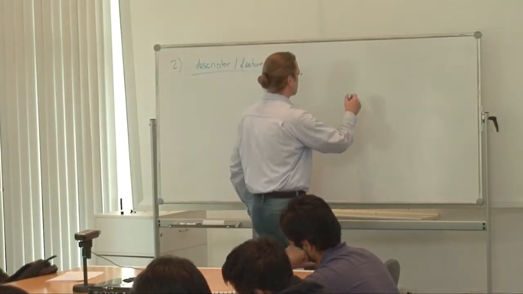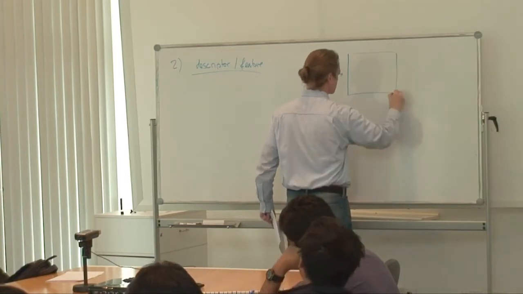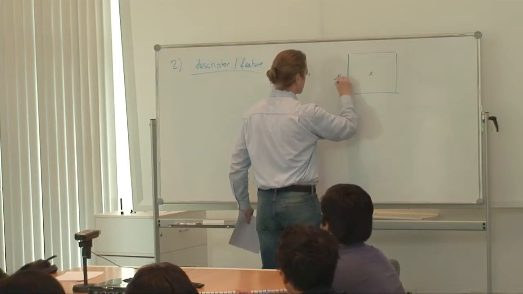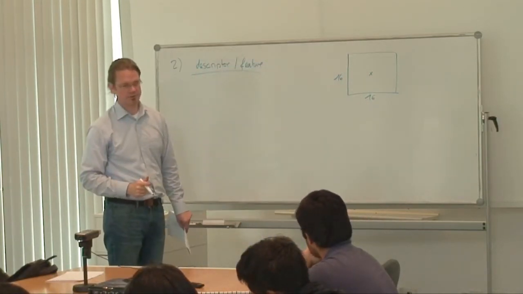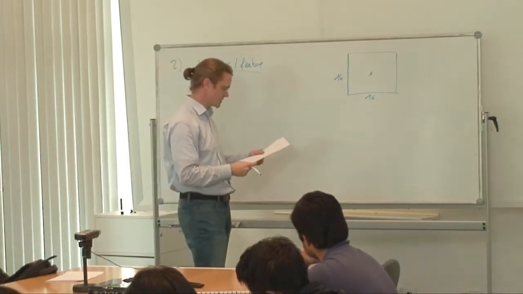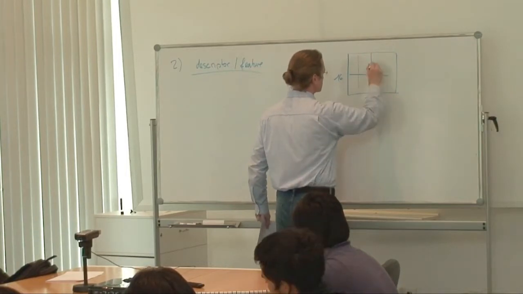So let me draw a picture. So this is the local neighborhood, or 16 by 16 surrounding our key point at some scale. Right? We have lots of scales potentially, and here we consider.